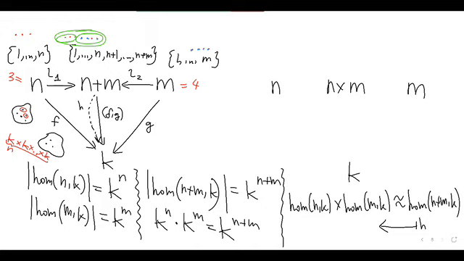So from H, I can design a pair of maps: H composed with iota 1 and H composed with iota 2.